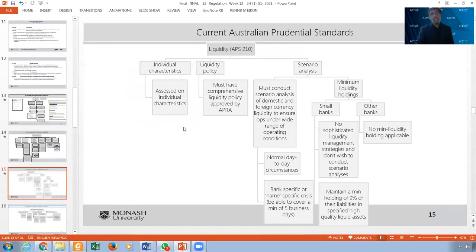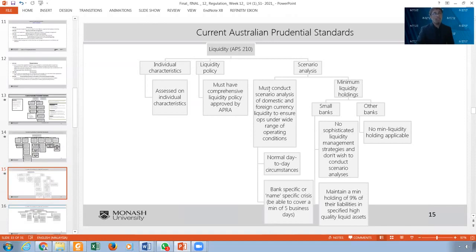Liquidity, APS 210, and I will summarize it here. I will not go through all of those things, but in Australia, they say, if you have a very good system for liquidity, and you can control that liquidity and you can prove it to the regulators, you don't have to have a liquidity buffer, which means you don't have to have a percentage of liquidity.